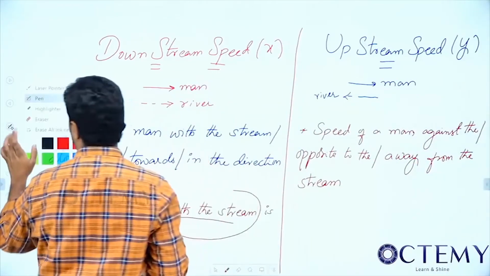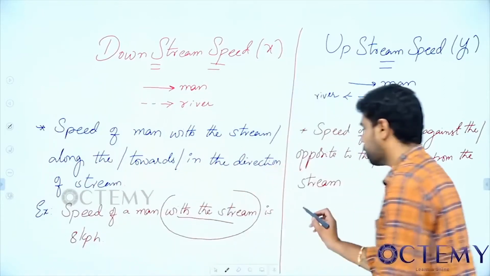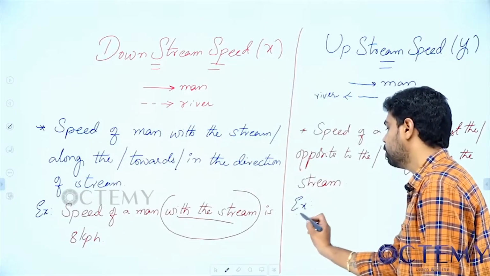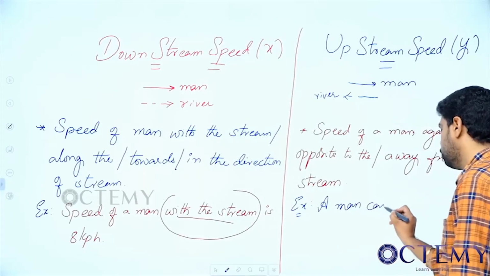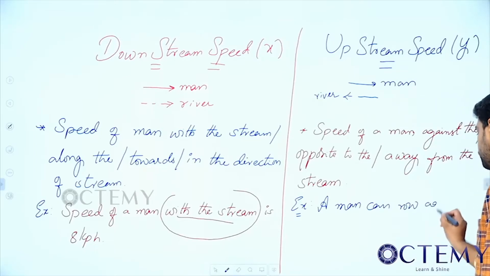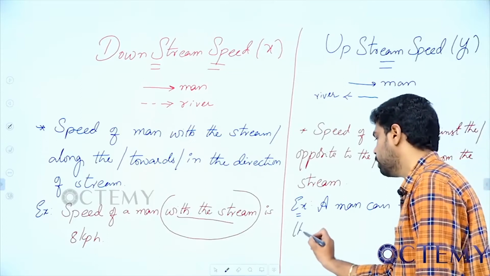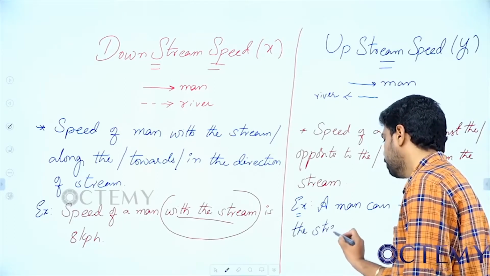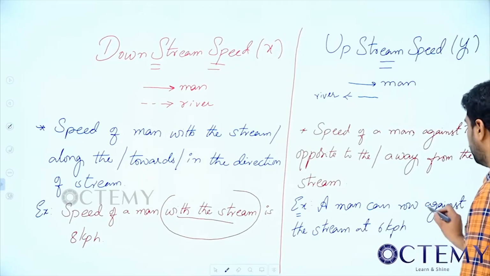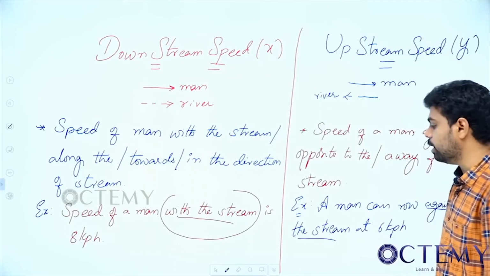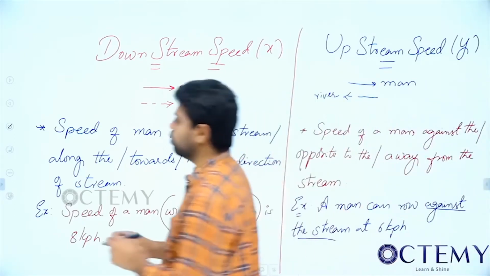So for example, I will give you one point. The example is: a man can row against the stream at 6 km per hour. So you found this word, against the stream. When you find this, it is upstream speed. Okay.